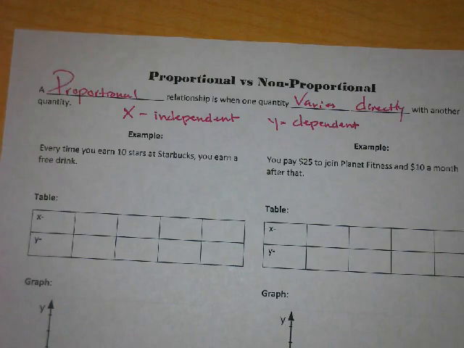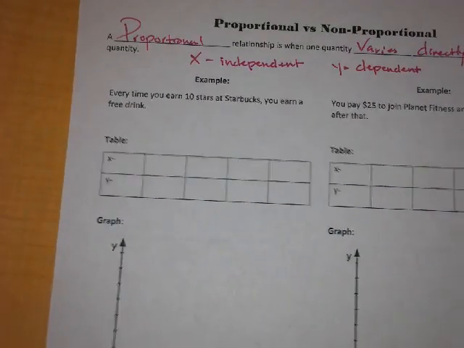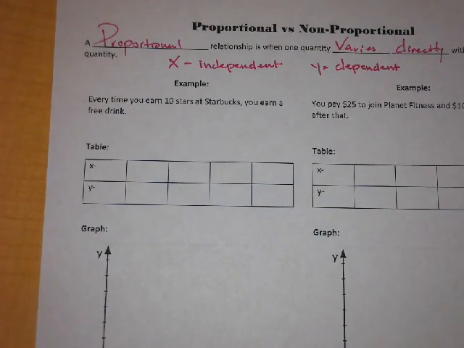In this example, it says every time you earn 10 stars at Starbucks, you earn a free drink. So the free drink is dependent upon us getting 10 stars.